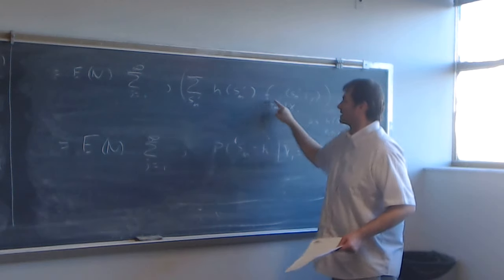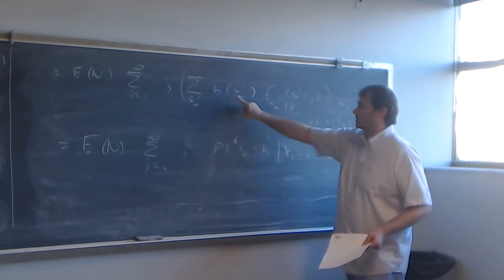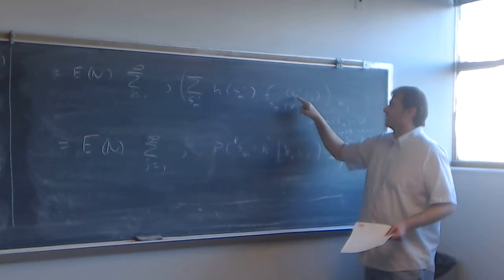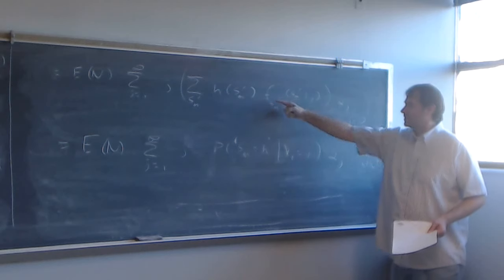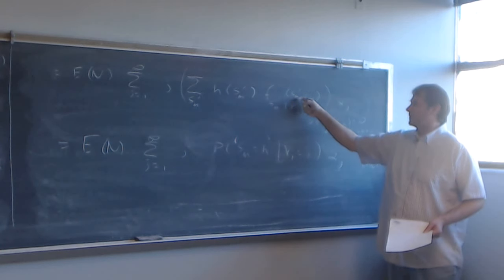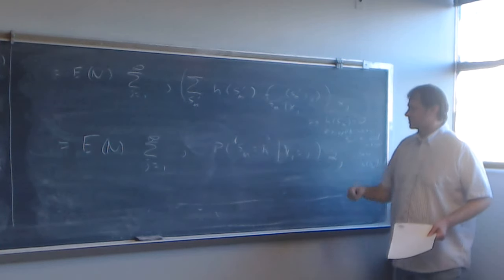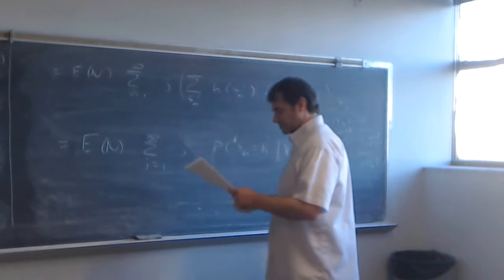So this only has one term in it. These are all zeros except for one time. You get 1, and that's when s of m prime was equal to k. So this is the probability that s of m is equal to k given x of 1 is equal to j. So now we've got to concentrate on that.